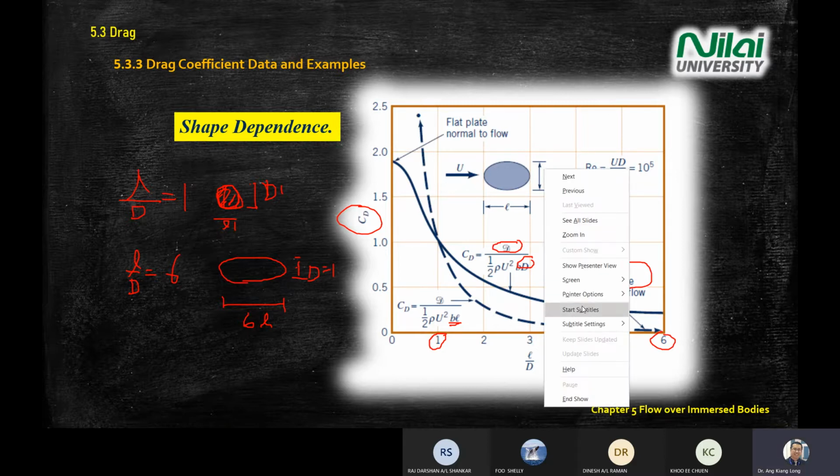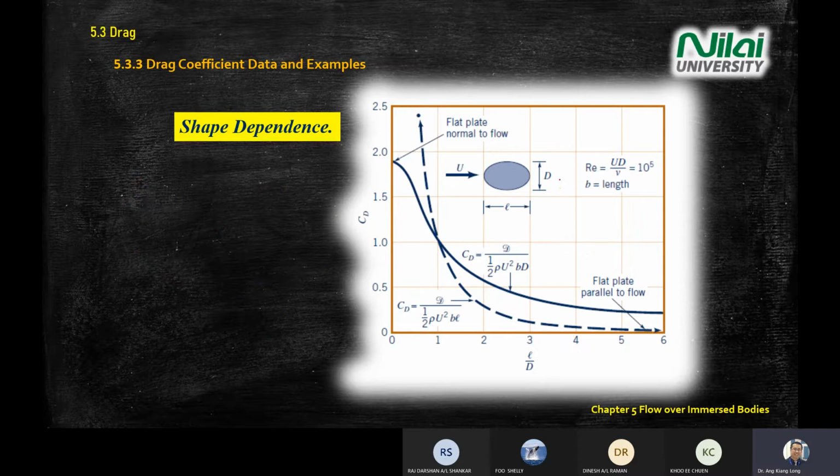Sorry, the keyword here is: one is normal, one is parallel. Normal and parallel, what does it mean? It means that if this is your flow, this solid line here is normal to the flow, meaning your plate is normal to the flow, 90 degrees.